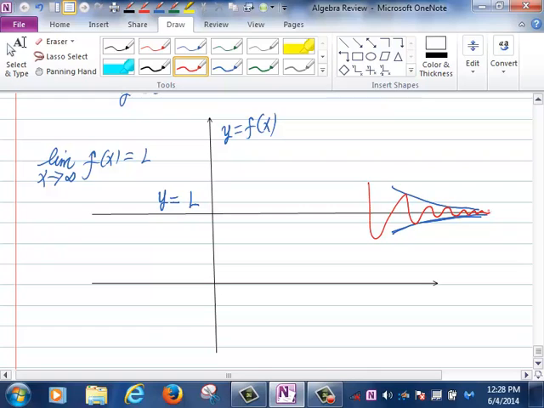Section 1.6, problems 1, 3, 5, 7, 9, then 11 up to 31 odd.